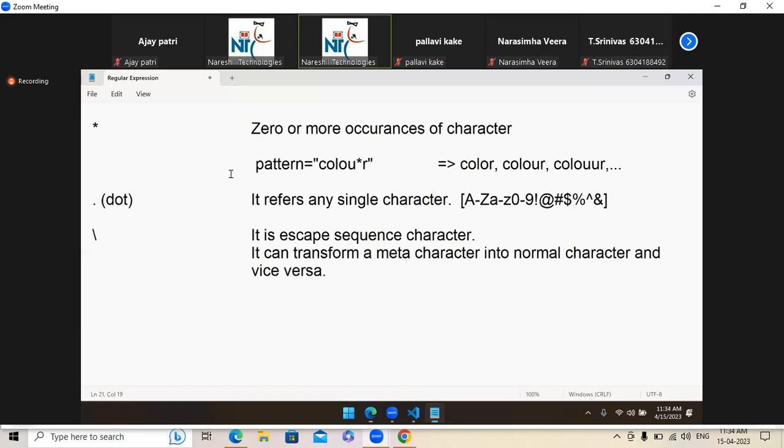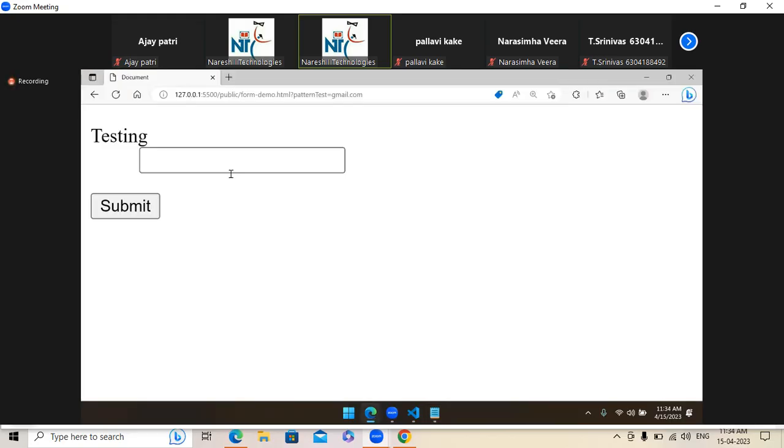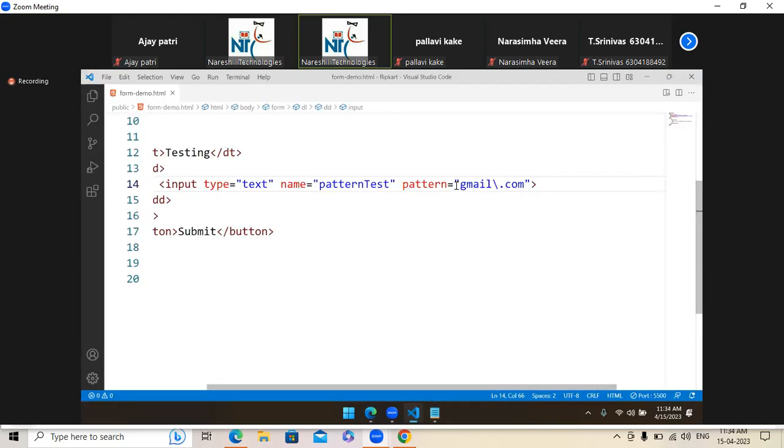So this problem regularly comes whenever you are trying to use a special character that may already be taken. For example, suppose I am asking for +91, that is the mobile number format, but plus is already a meta character.